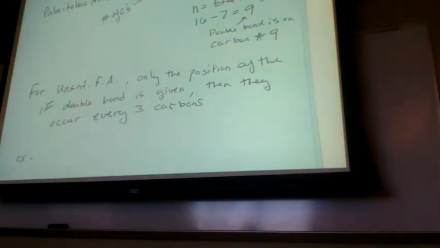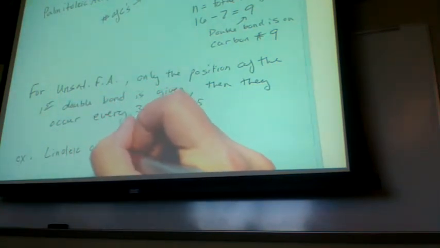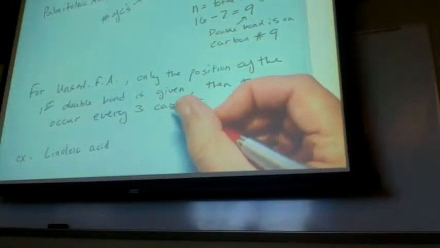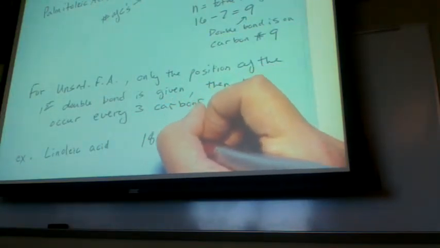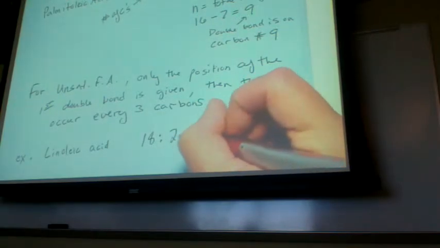So for example, linoleic acid is an 18:2 n-6.